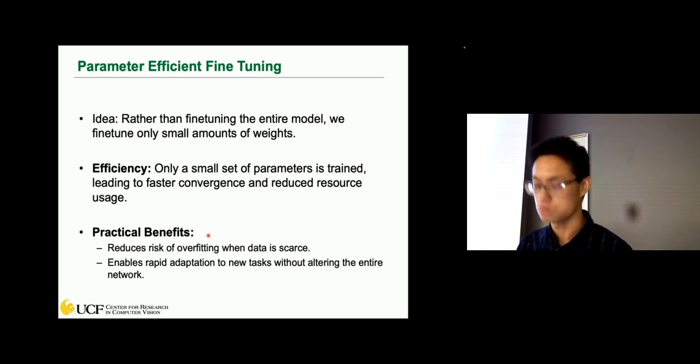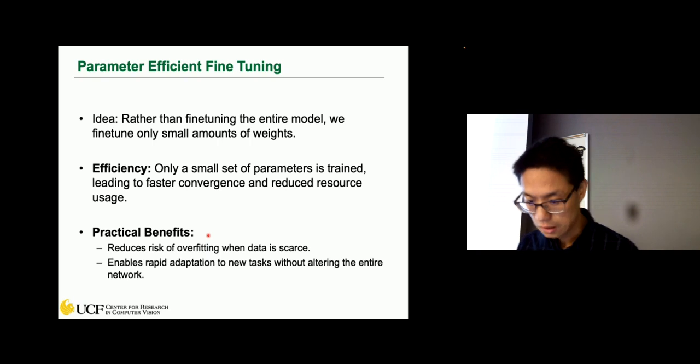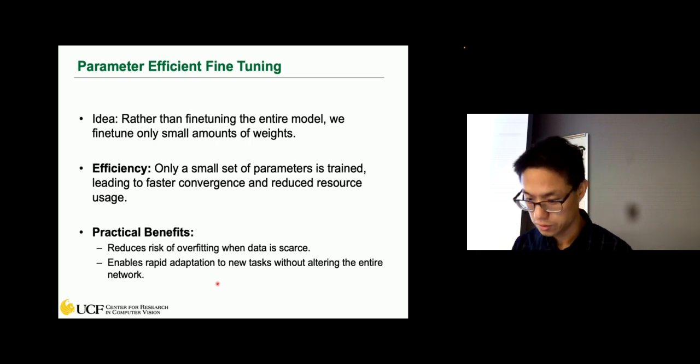With a small amount of data and a large network, it's prone to overfitting. But if we only tune a small number of parameters, we can reduce that risk, and it also enables rapid adaptation to new tasks.